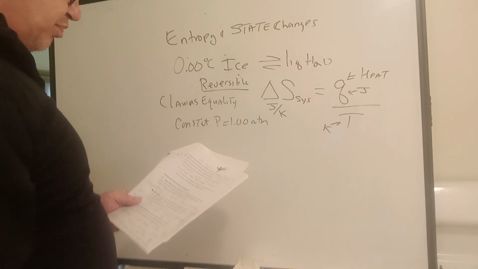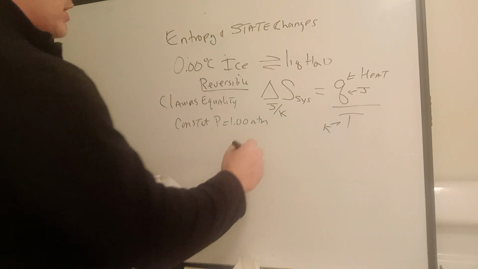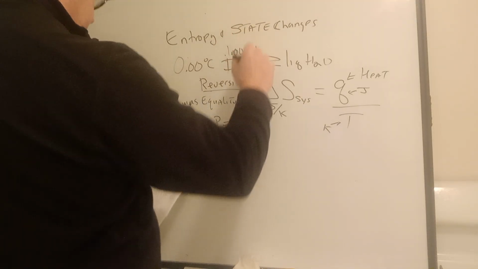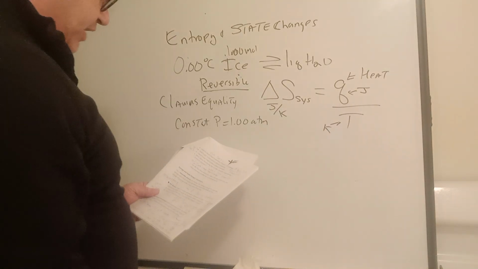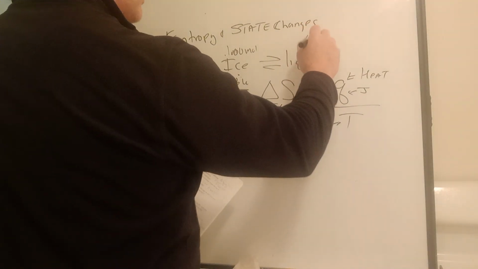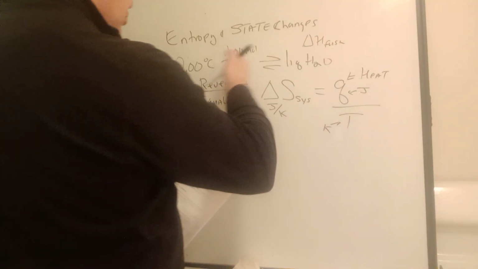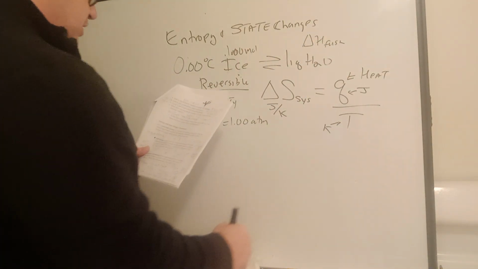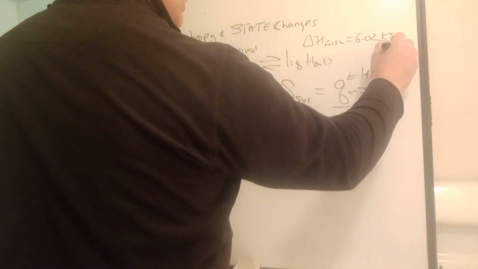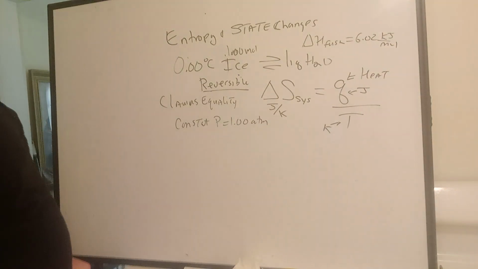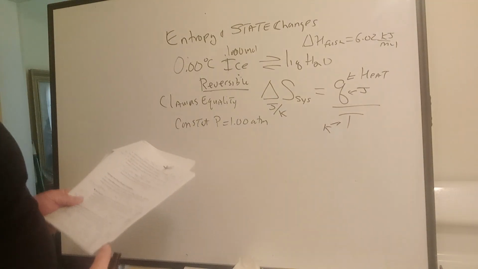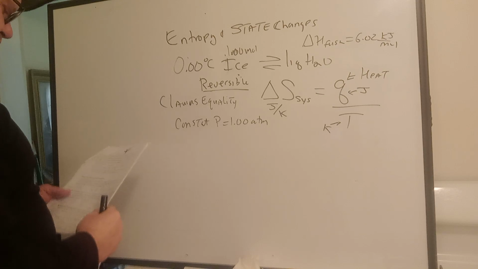Calculate the change in entropy of the system when 1 mole of ice, so we're going to have 1.00 mole of ice, melts at 0 degrees Celsius with delta H fusion, the fusion associated with the forward process, the melting, being 6.02 kilojoules per mole. The first thing you should see when you see that is the melting of ice is endothermic. And so it says report, we're going to calculate delta S for the system.